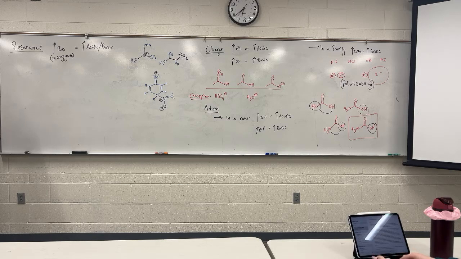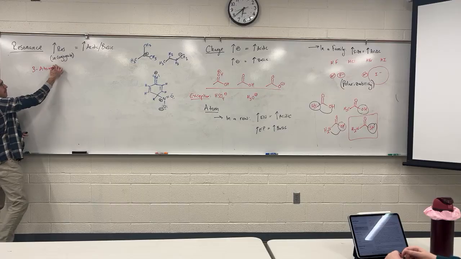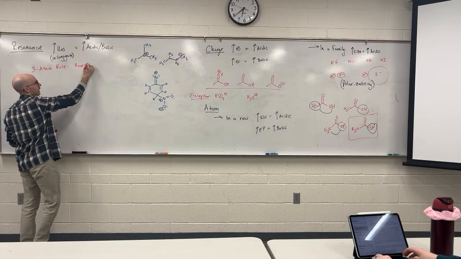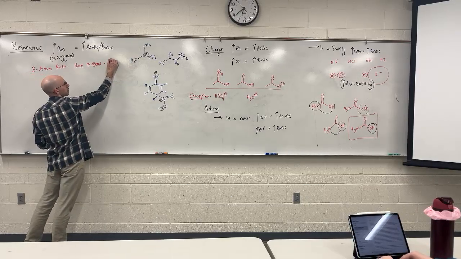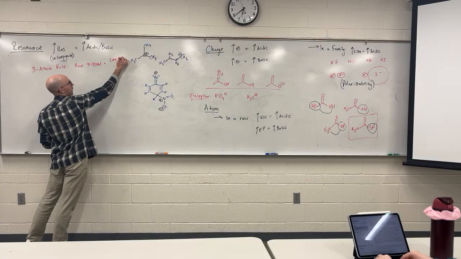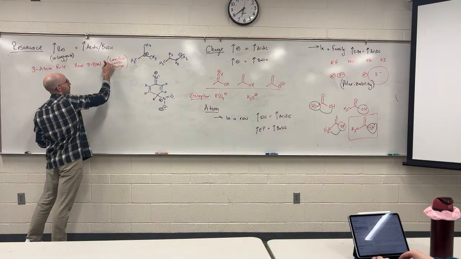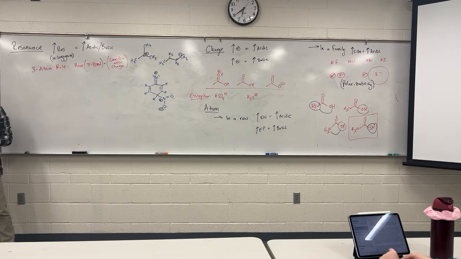So a quick reminder on resonance, we can use the 3-atom rule. That is, have a pi bond plus a lone pair and/or a charge, and make sure that those exist across 3 atoms. 2 of those atoms will need to have the pi bond.